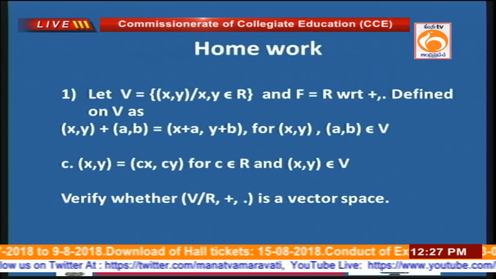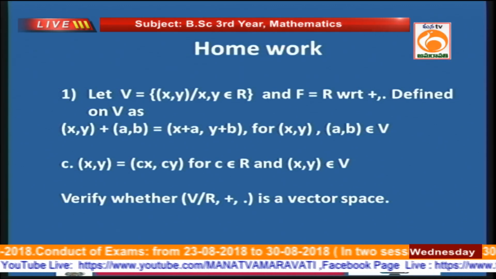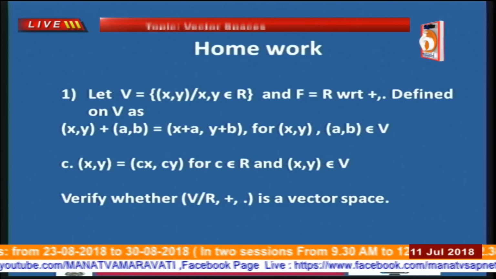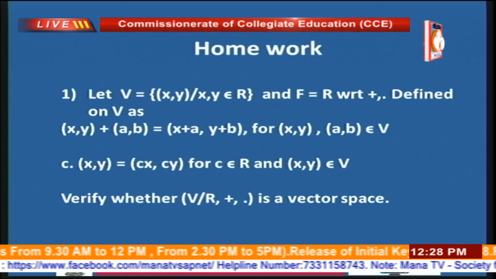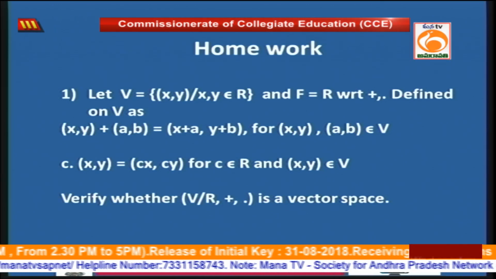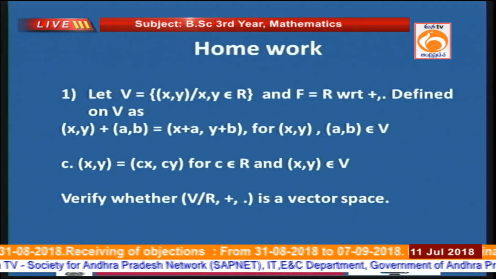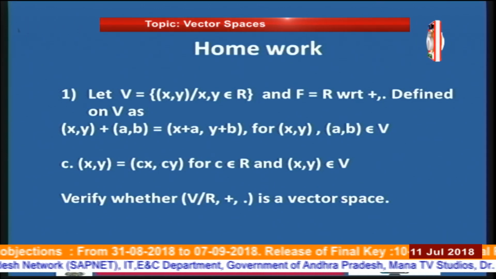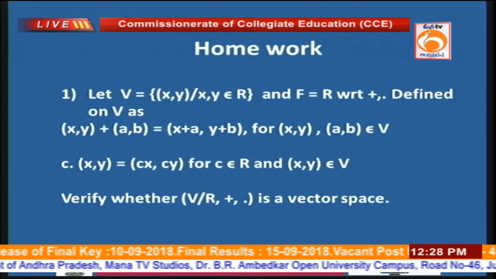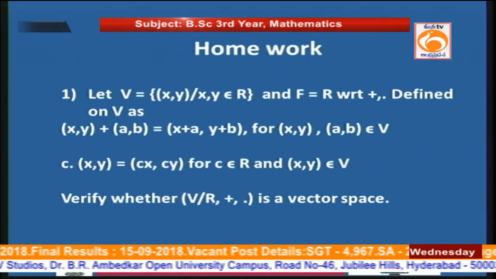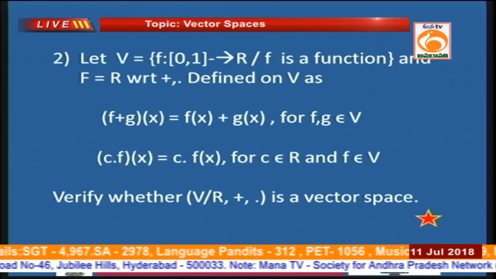Next, how is the scalar multiplication, c dot x comma y, defined? It is simply c x comma c y. So, you multiply c by both coordinates. Now, I am asking you to verify whether V over R with plus and dot is a vector space. So, you try to verify all the axioms and see whether it comes out to be a vector space. So, I hope you would do it at home. Next problem I am going to give is the set of functions.